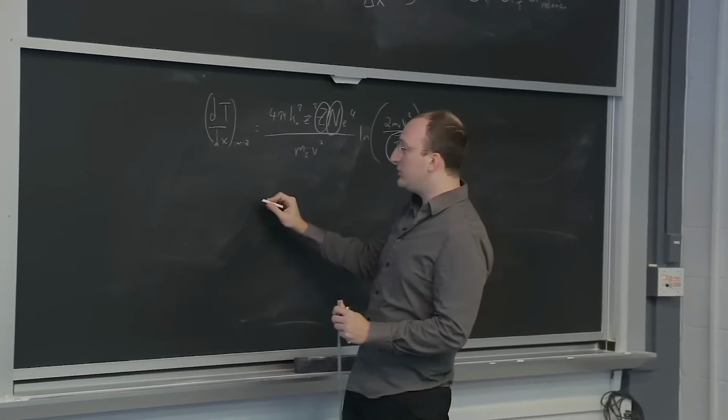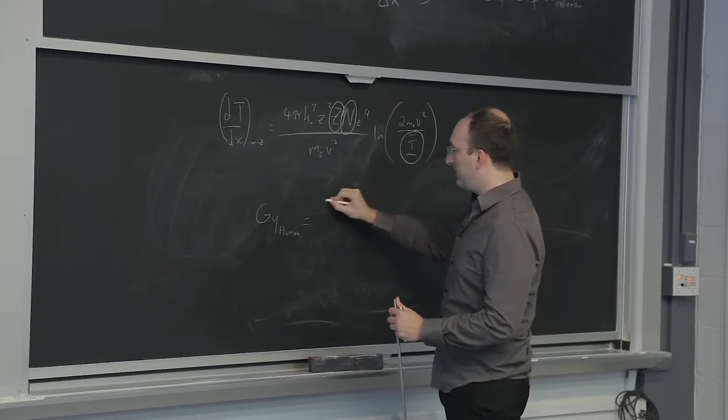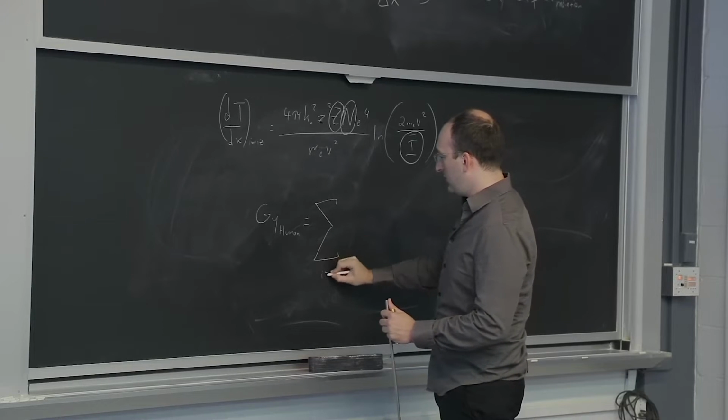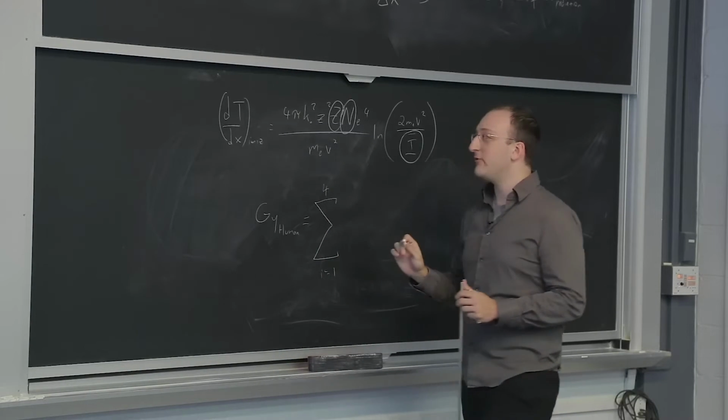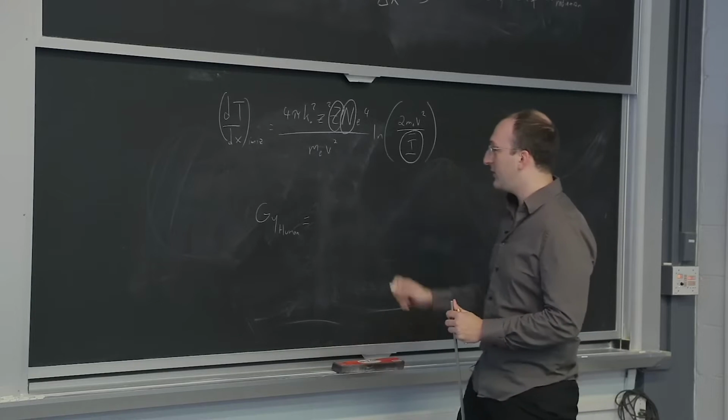So if you want to get the total dose in gray to a human, you have to sum over these 4 different isotopes. Actually, wait, let me put all the other junk in front to make it quicker.